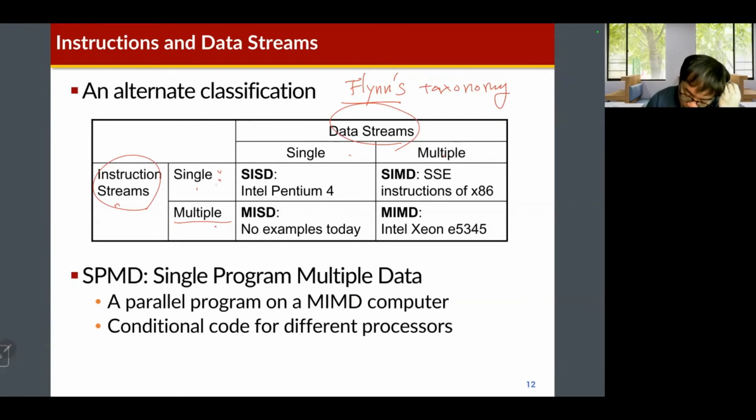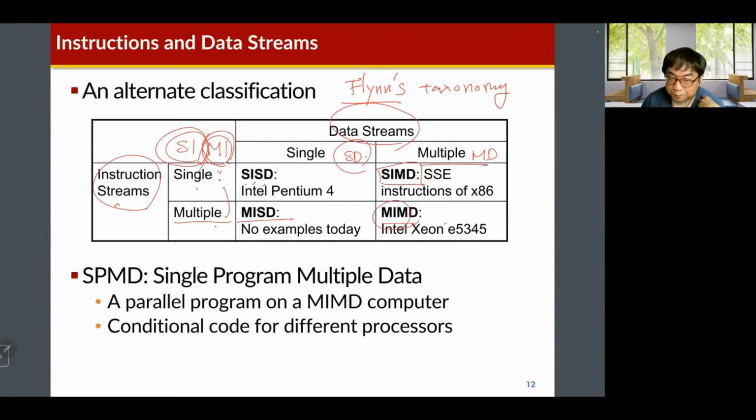For the instruction, it is single instruction or multiple instruction, and for the data stream, single data or multiple data. By combining these, we get 4 groups: SISD, SIMD, MISD, and MIMD.